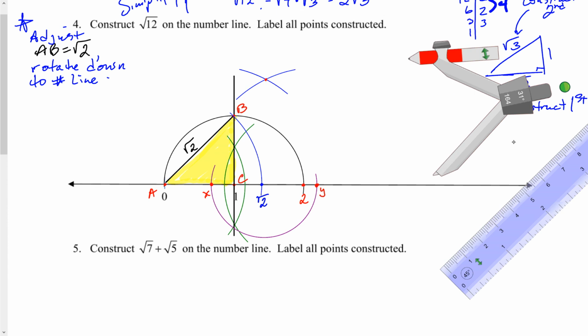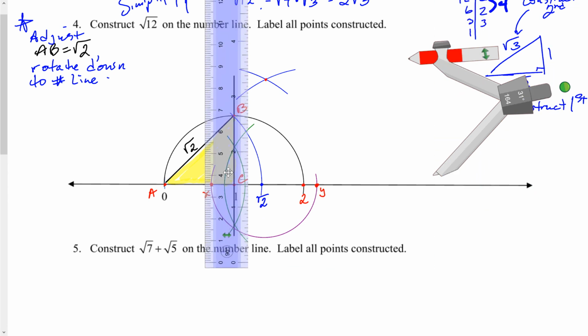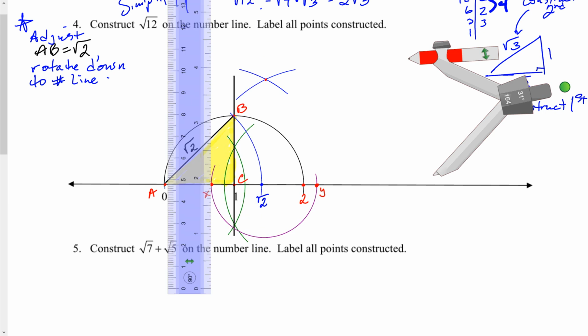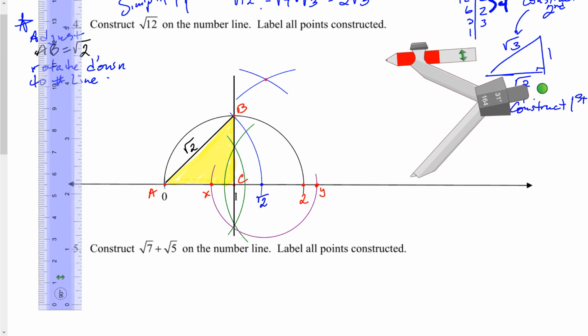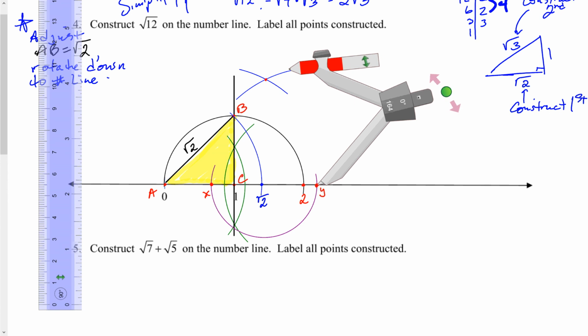Okay, now with your straight edge, we should be able to construct a perpendicular through it too. It's important that it's a perpendicular because all of these are right triangles. Okay, so something happened here. I'm a little bit off, so let me check.